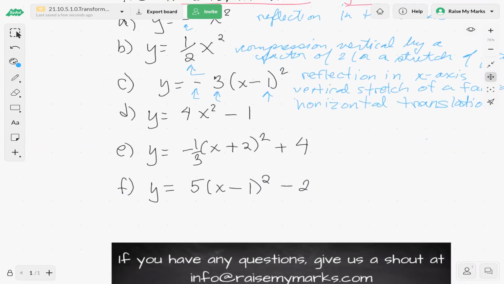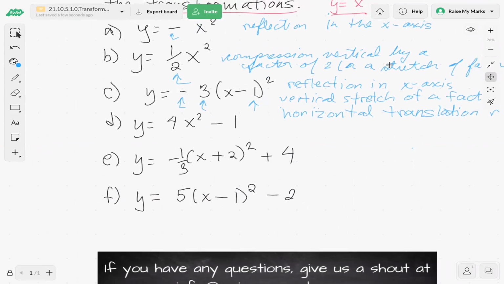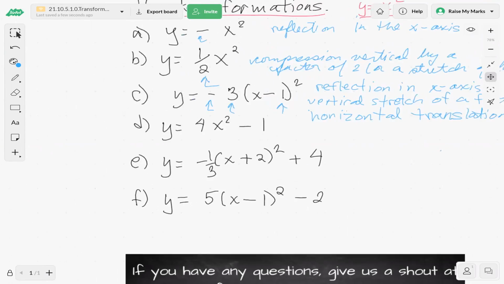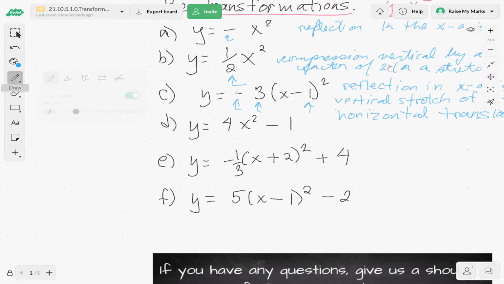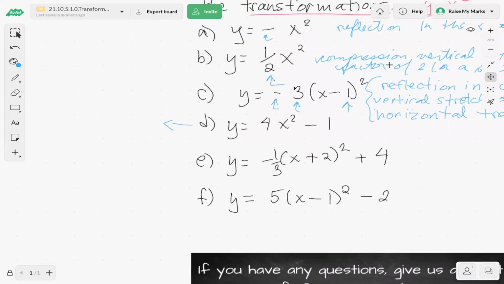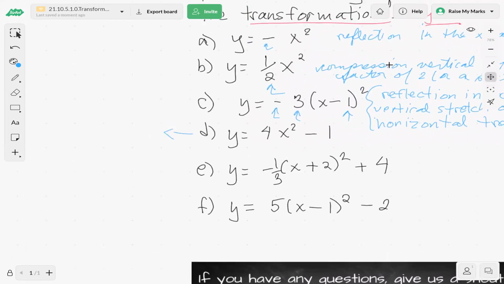Let's go back to part D. Next question, y equals 4x squared minus 1. Running out of space a little bit, so scroll over to the left. This was part C. For part D, we have two transformations: the 4 and this negative 1.